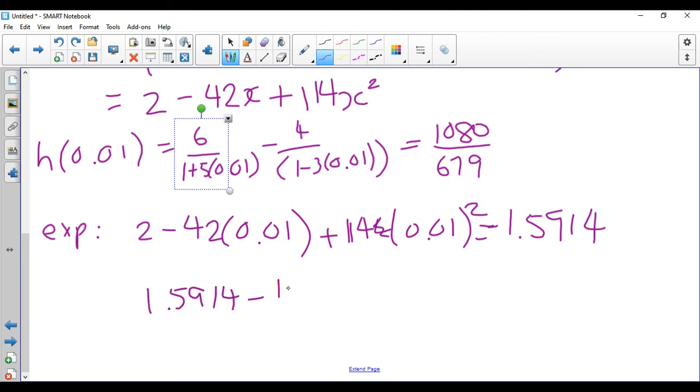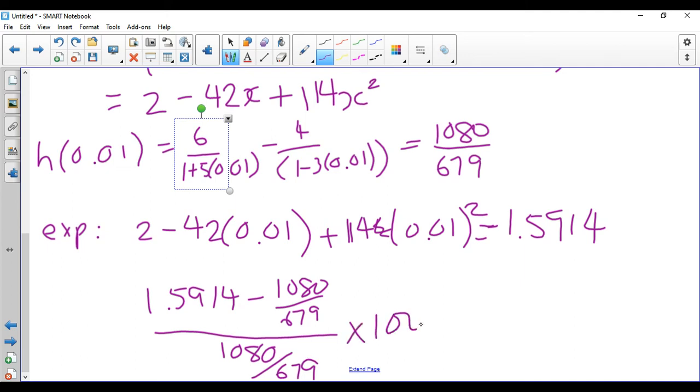I'm going to keep the exact value as I know it exactly. I did check what it was: 1.590574, so I knew I was in the right ballpark. Times 100, so that is the predicted minus the actual, divided by the actual.